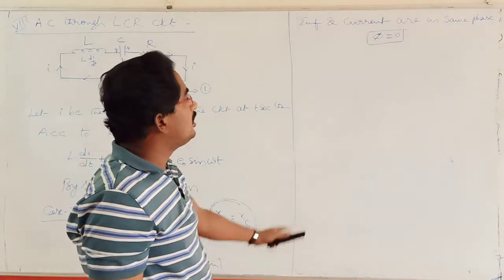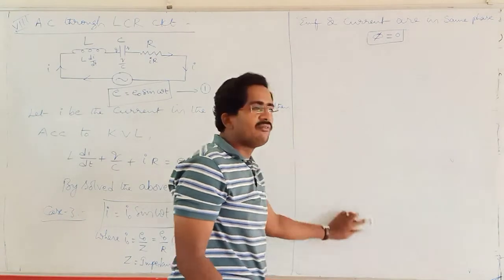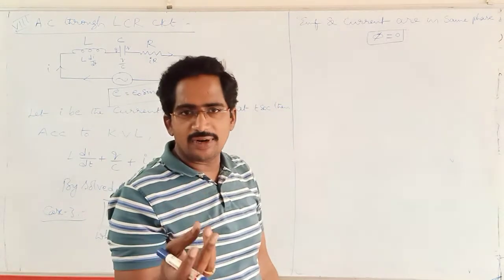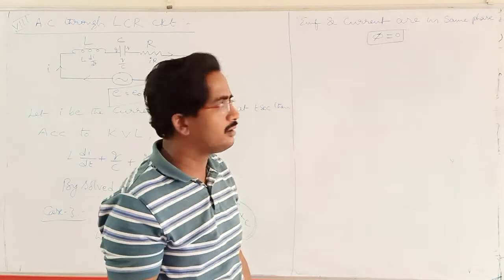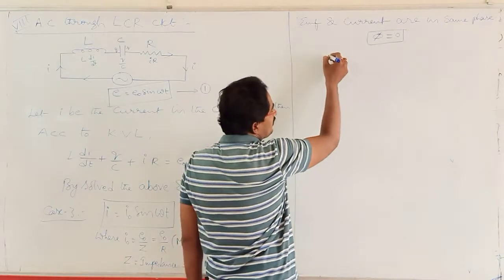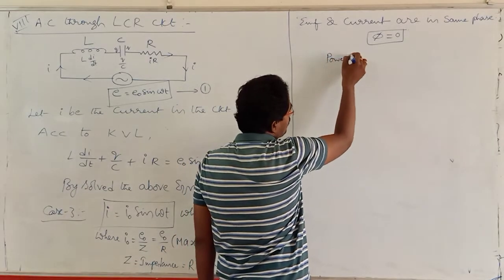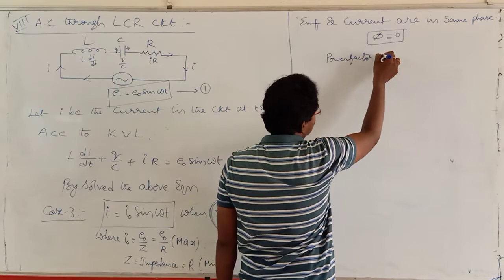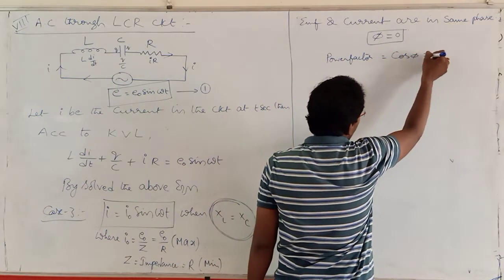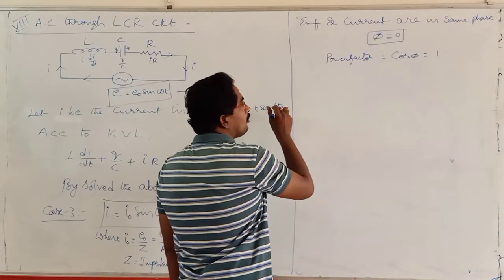At that moment, what about power factor and power consumed in the circuit? Power factor, that means cos phi, will be maximum.